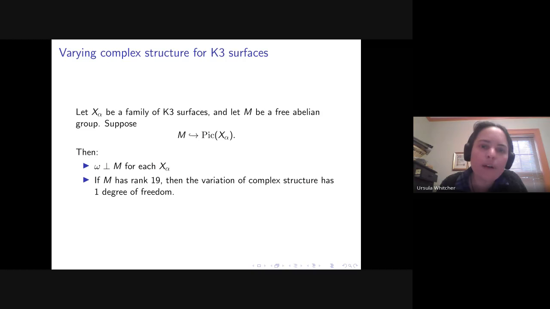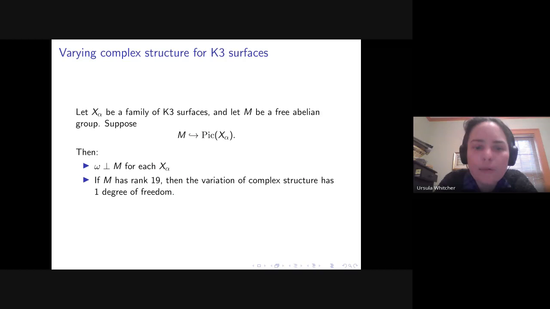That means that if you want to think about how to vary complex structure of K3 surfaces, you can't specify the entire Picard group, because your Picard group can jump around in a family, and in fact we know that it must jump, that it will, for certain pieces of a family, jump as high as it can. But we can choose a free abelian group that we're going to have for all of the members of our family.